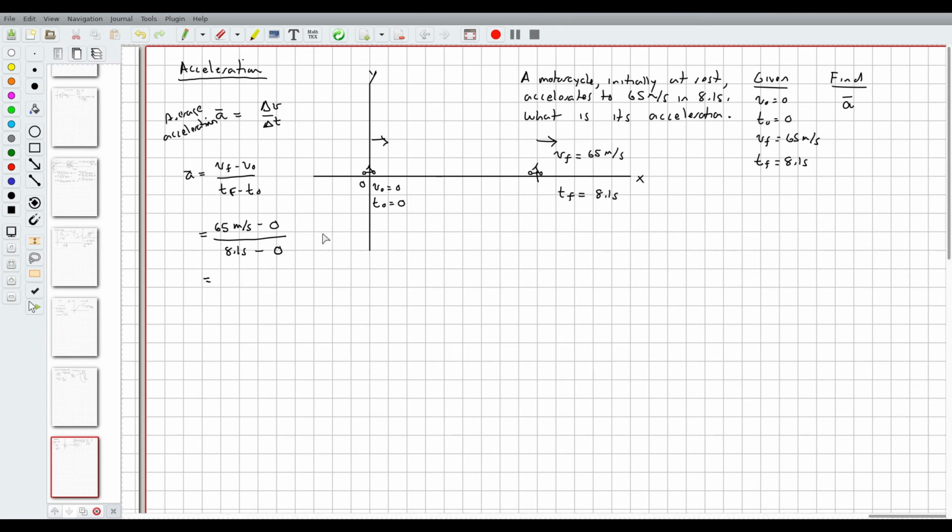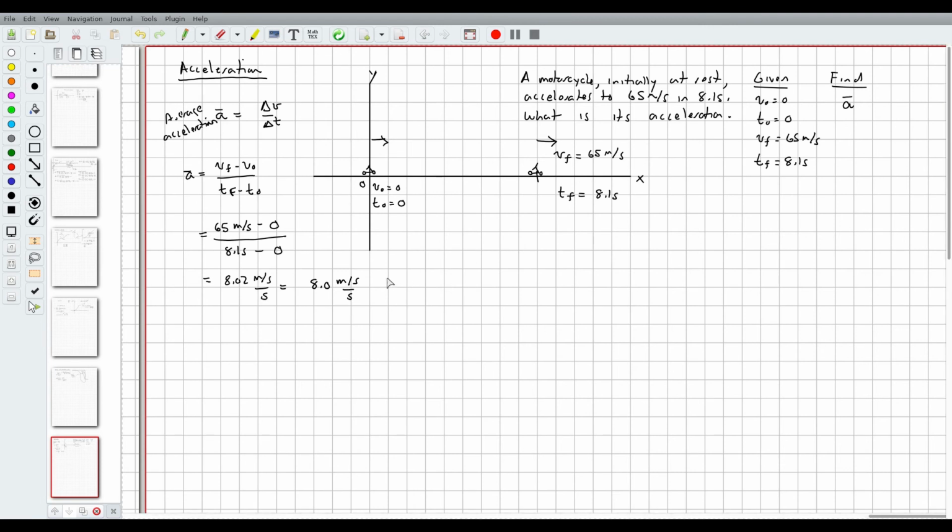And when you do the math, you end up with 8.02 meters per second over seconds. Now, if you round this to the sig figs, because I see 2 here, I see 2 here, this ends up being about 8.0 meters per second per second.